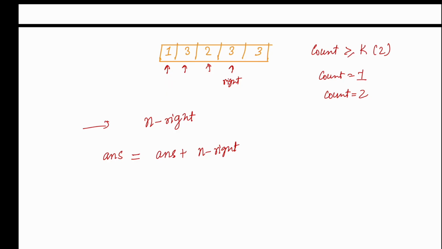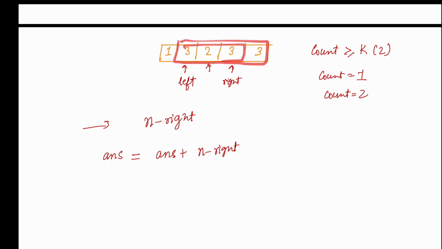Now once we are over here, we try to move the pointer of left. Now left is pointing over here. Still we find that count of 3 is greater than or equal to 2. It's 2. So this window is for sure, we need to have this window. So how many subarrays can we have including this subarray?